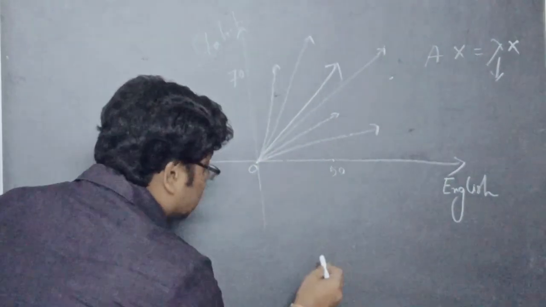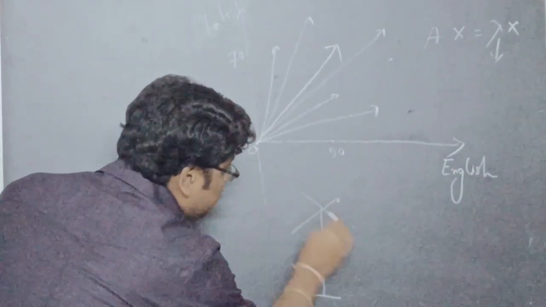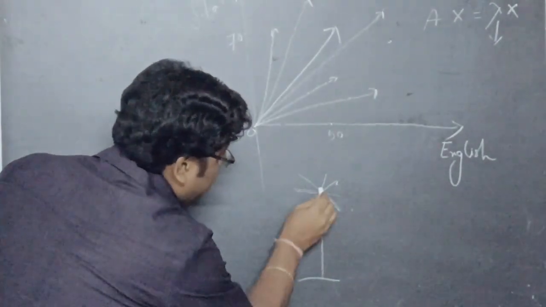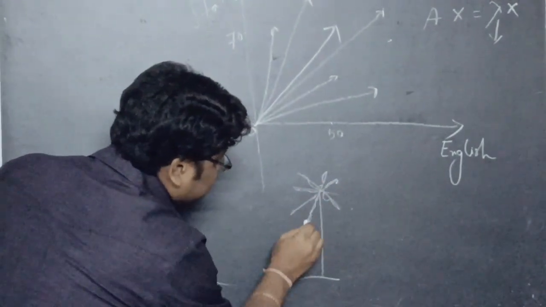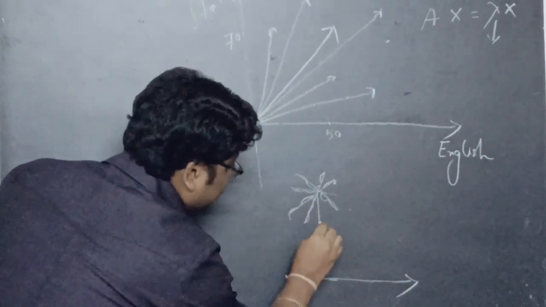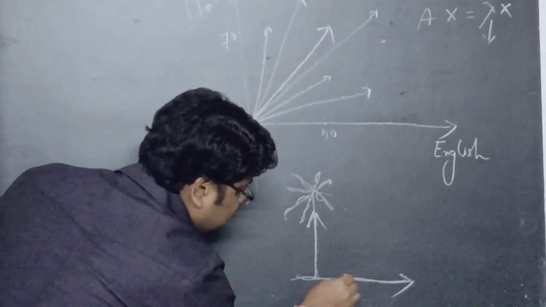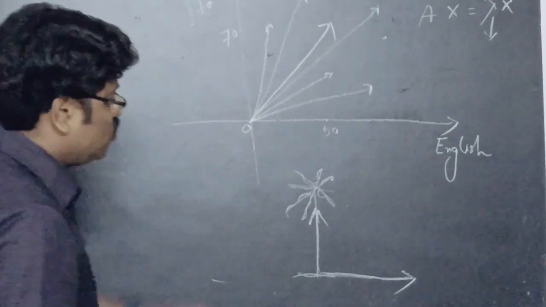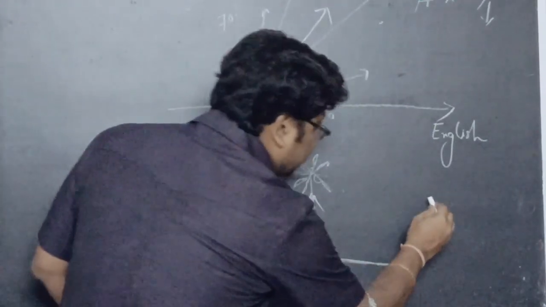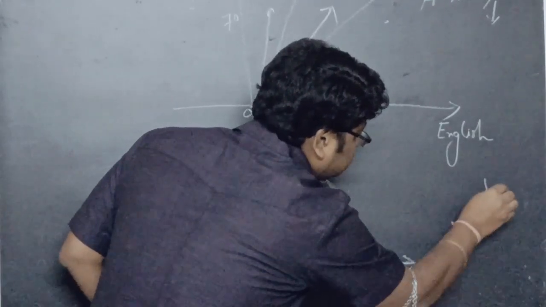For example, suppose here is a tree, and here is a vector. Two vectors, horizontally and vertically. Two vectors. So now there is another tree that is like this.